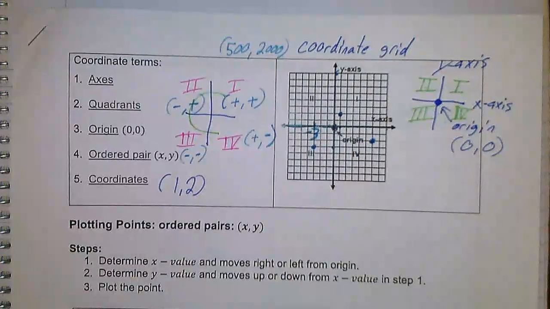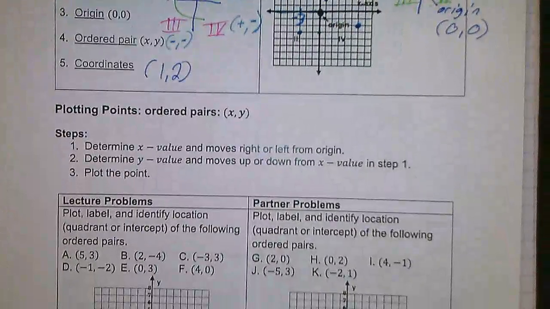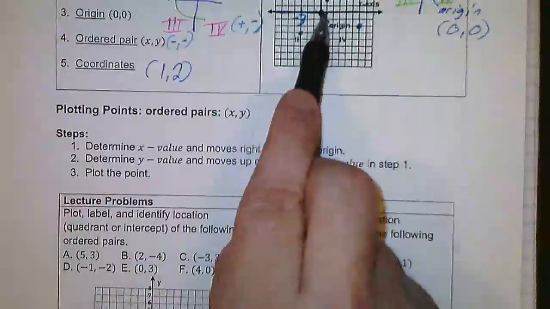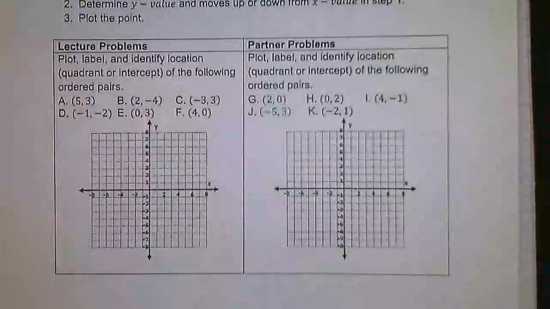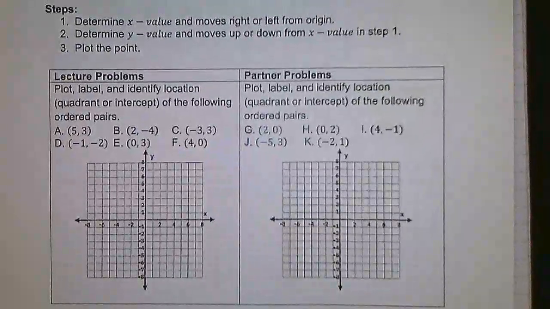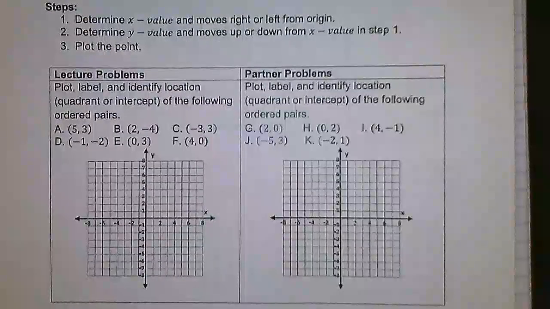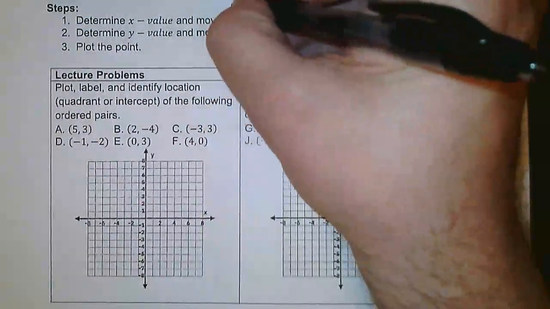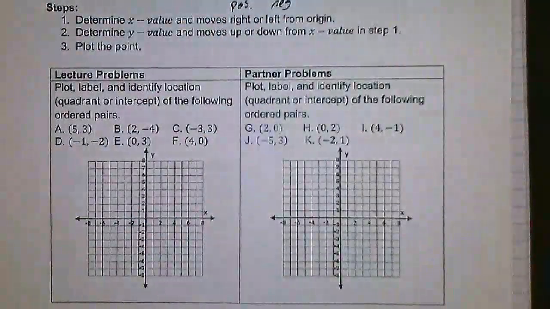So let's talk about actually plotting points. We start at the origin, which is 0, 0. 0 for the x, 0 for the y. The steps to plotting points are to determine the x value and move right or left from the origin. Right if it's positive, left if it's negative, just like a number line.